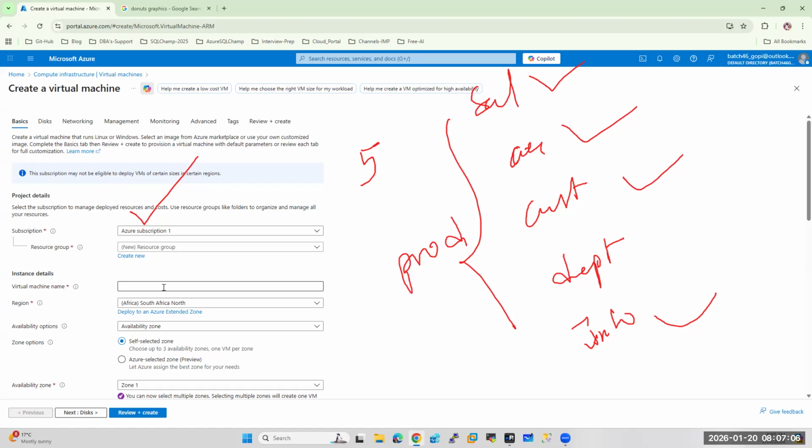So a resource group is nothing but a container of the resources placed under one region. Whenever you create the resource group, the region will also be selected by default. You can place the resources in different regions, but don't change it, sir. I will show you. So under the subscription, the resource group is also one container.